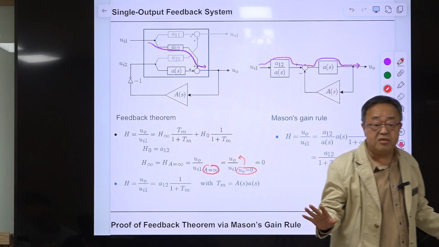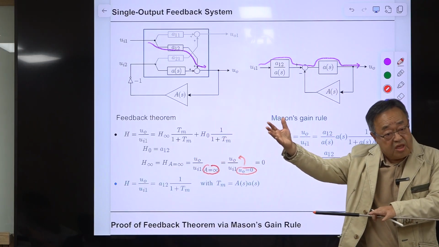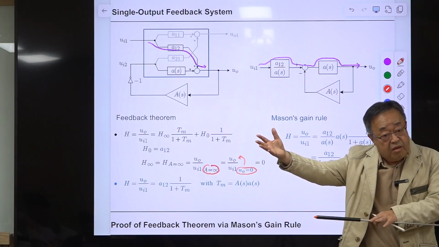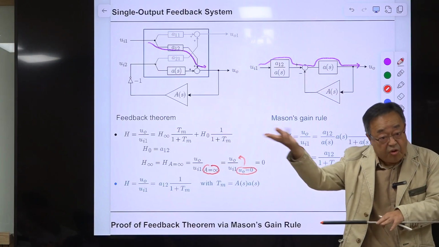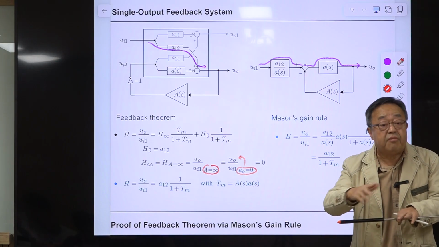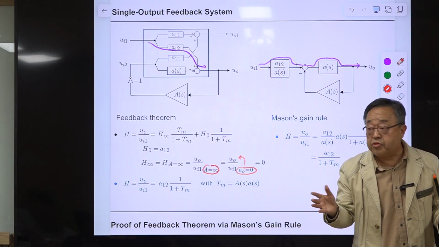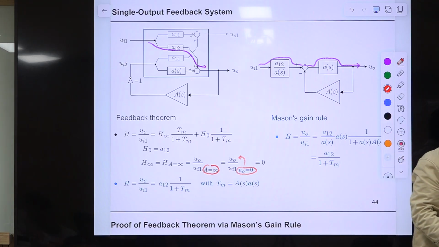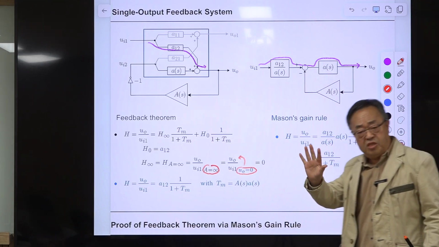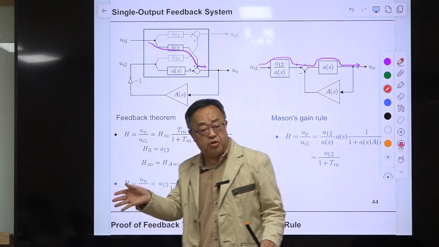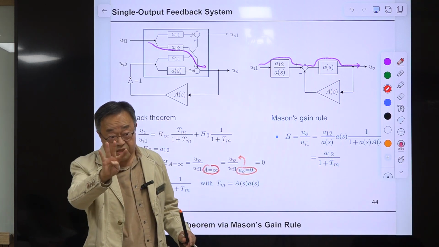But in many cases, the output voltage is taken at a place different from the feedback point. That happens in the feedback amplifier. For the feedback amplifiers, there are 4 types: series, shunt, and so on. 4 cases, okay?